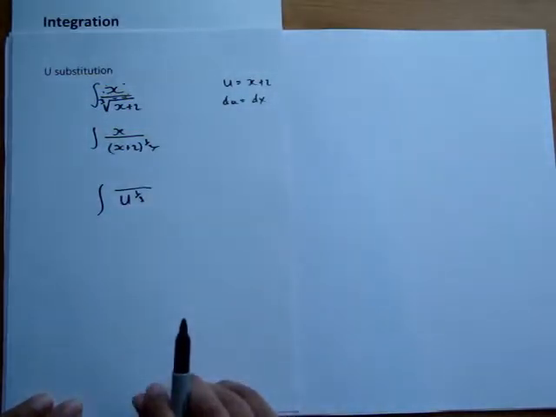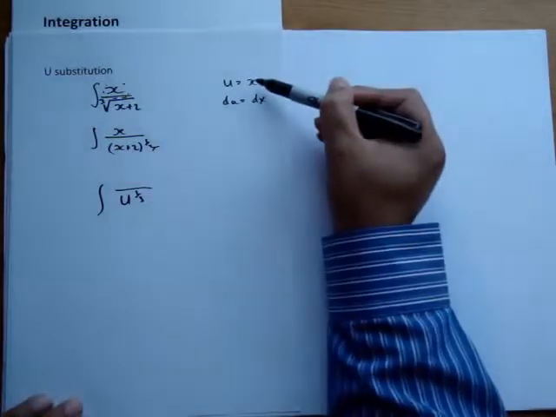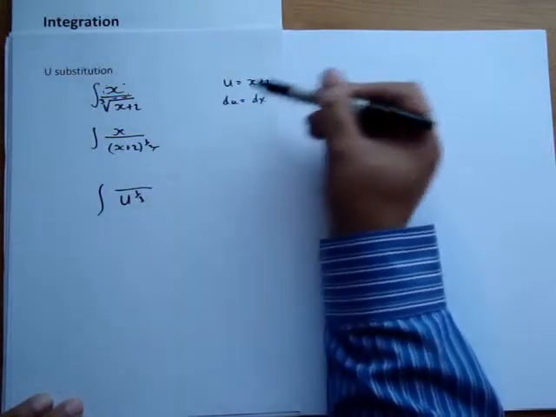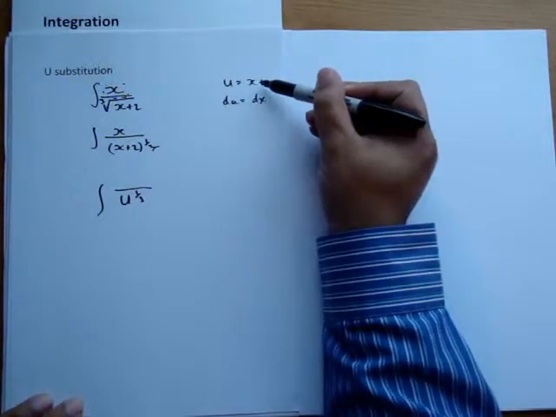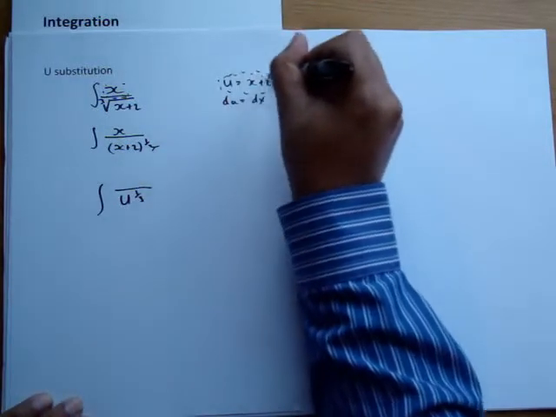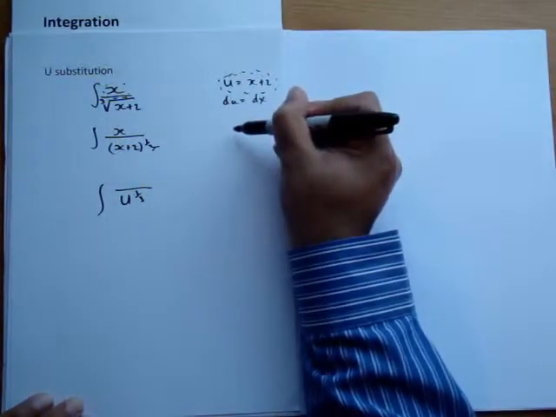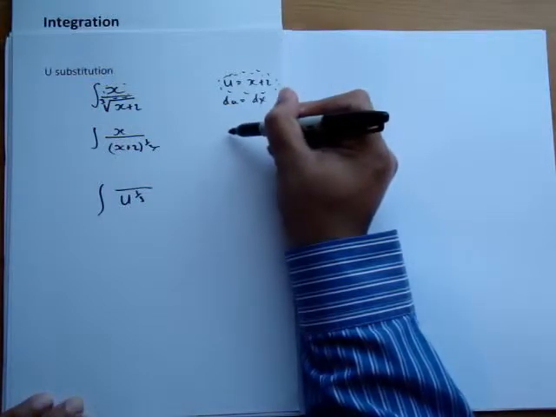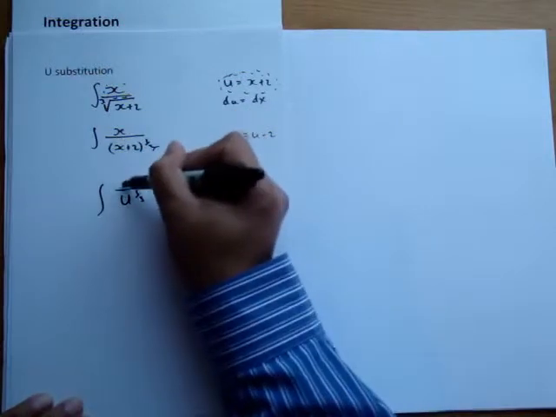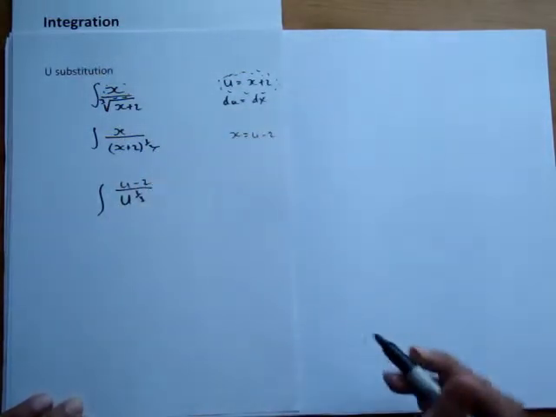So what can we do with the x? Well, we have x, we want to replace it. We can't be left with any x's, so we can use u equals x plus 2, and we get x equals u minus 2. So we replace the x with u minus 2.